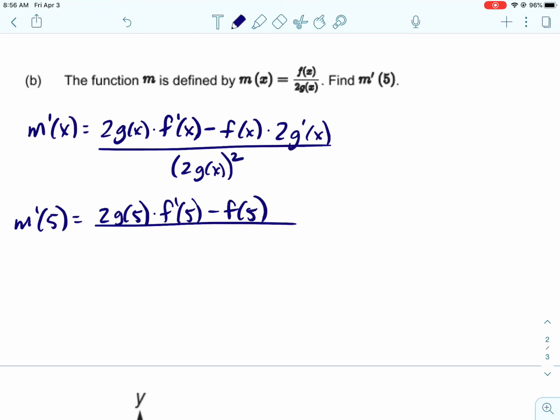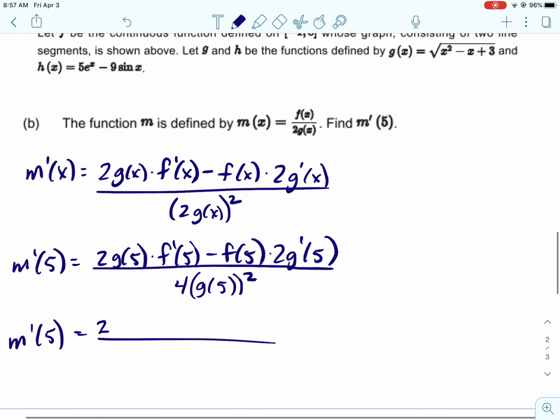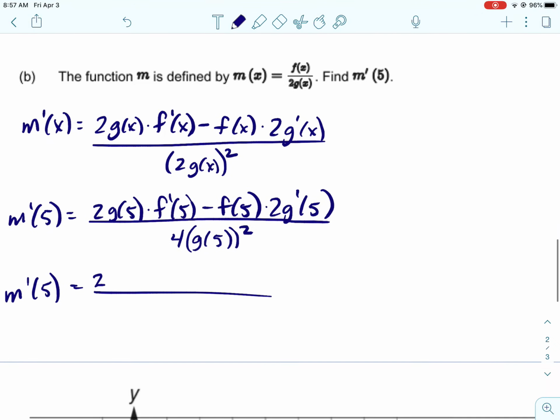Okay, go back and put in 5s for everything. Okay.